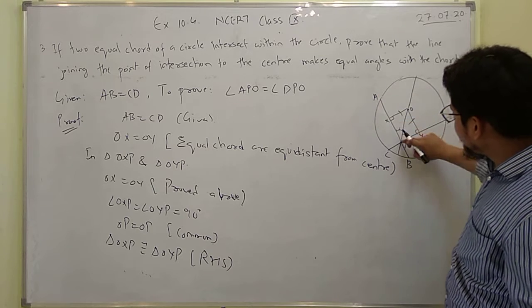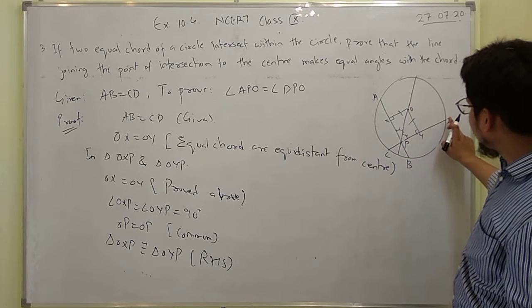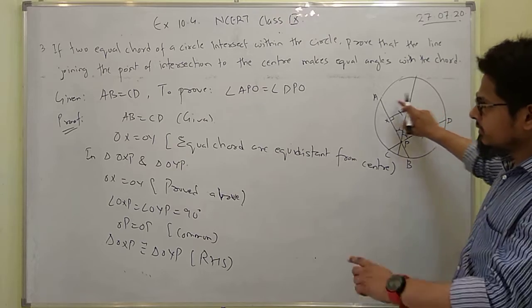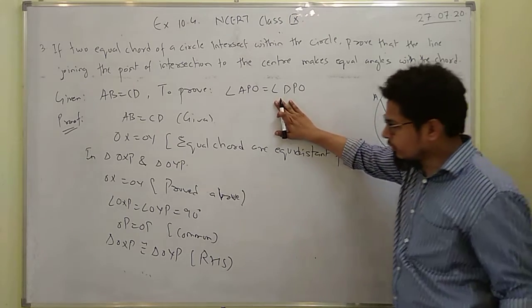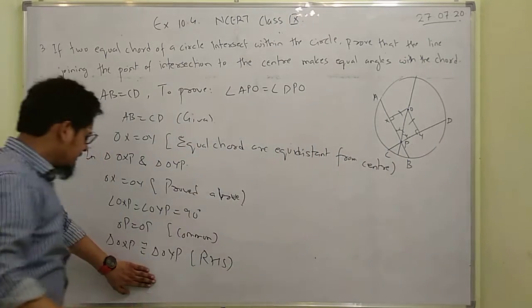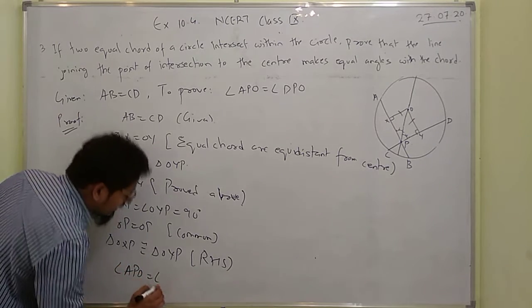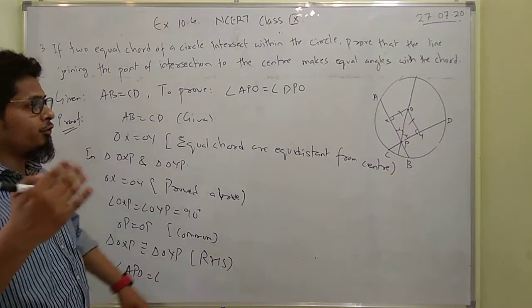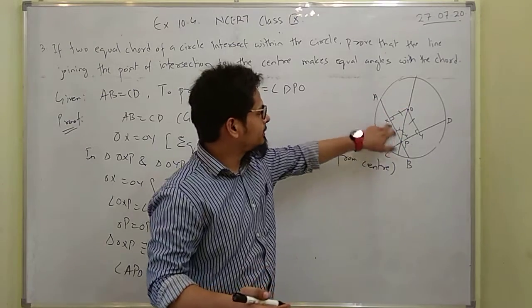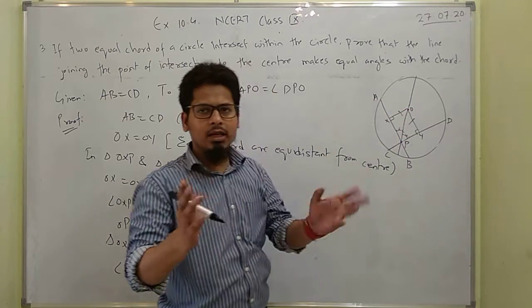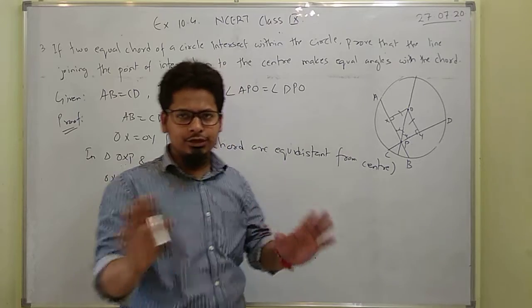So angle APO is equal to angle DPO, right? It has been proved here. Okay, so we can write here angle APO. Don't be confused if you write angle OPX or angle XPO, all have the same meaning, right? There is no change.